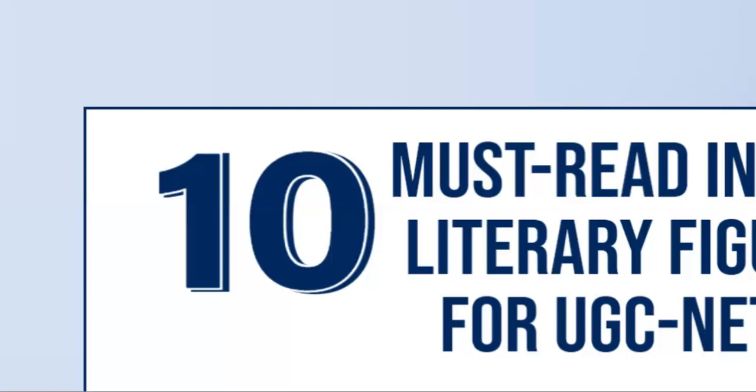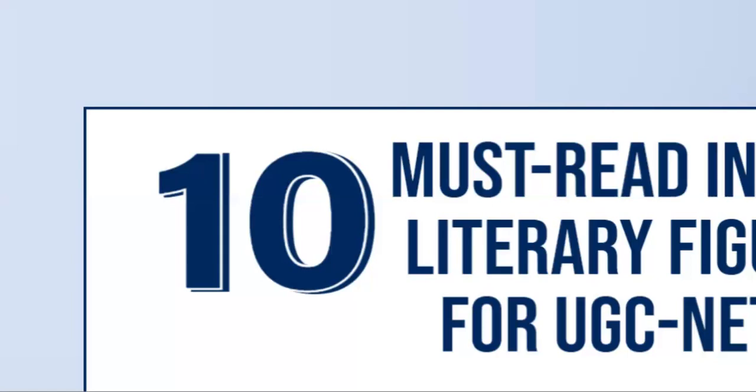You must have ideas about important literary figures in Indian English literature, like Mulk Raj Anand, R.K. Narayan, Raja Rao, Rabindranath Tagore. I should have mentioned his name at the beginning of the list, but I'm sorry I didn't. Poets like Toru Dutt, Michael Madhusudan Dutt, Kamala Das, and Meena Alexander. From Meena Alexander, one question came this year in NET.